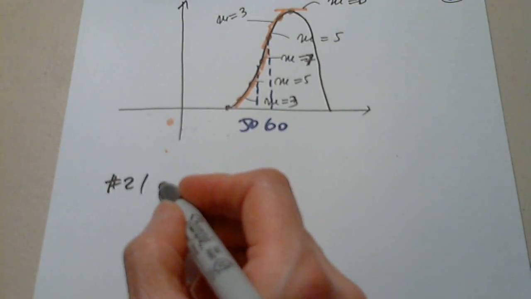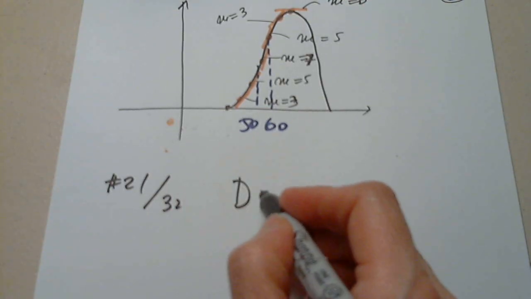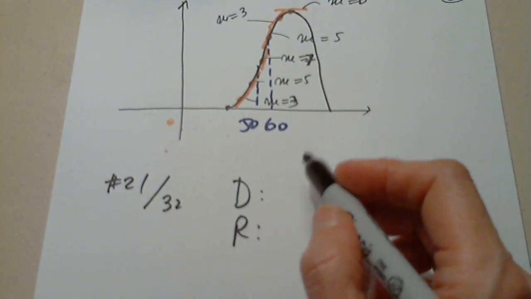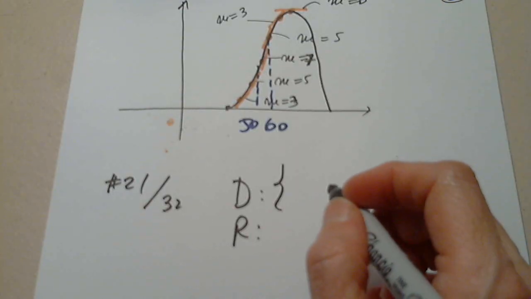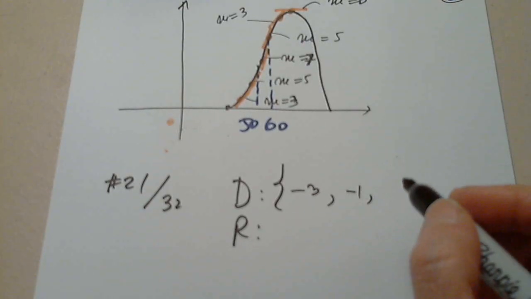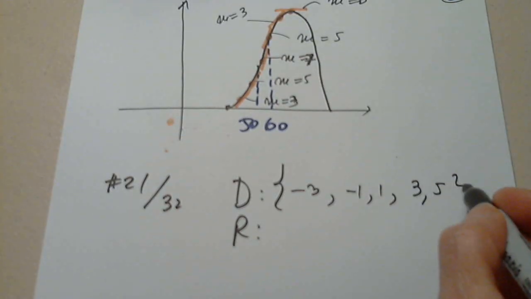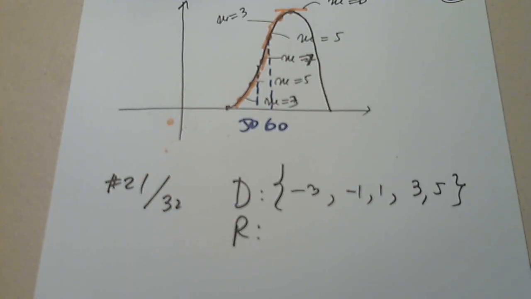So, for example, in 21, on page 32, the domain will be written like this, with braces: -3, -1, 1, 3, 5.